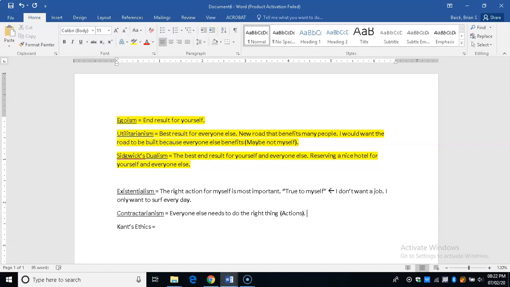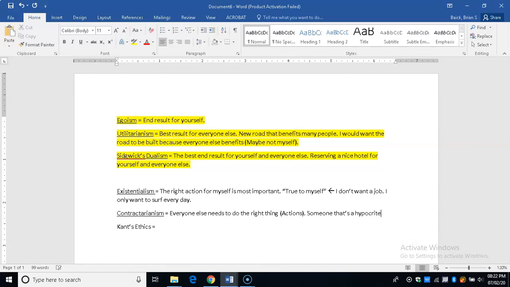So contractarianism is sort of like telling other people that they have to act a certain way, but maybe those actions don't apply to yourself. Okay, so again, I don't want to try to paint these different approaches by saying that one is better than the other. I'm just trying to use extreme examples or simple examples to help you understand the idea. So contractarianism might be someone that's a hypocrite.